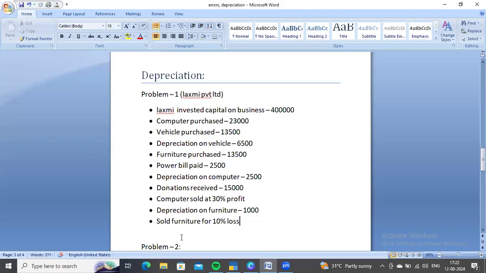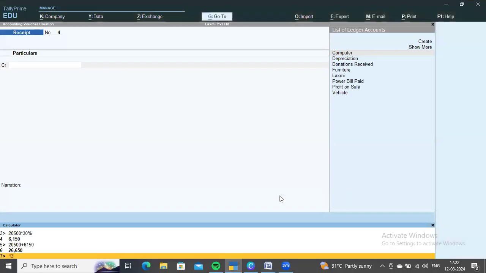Go to calculator, and the original value of the furniture that we had purchased is 13,500. In that, you need to subtract the depreciation amount, 1,000 rupees. 13,500 minus 1,000 rupees. Now 12,500 is the value of the furniture after providing the depreciation.